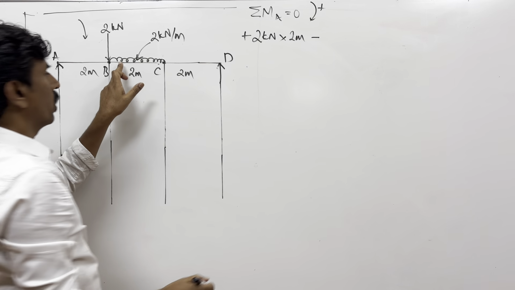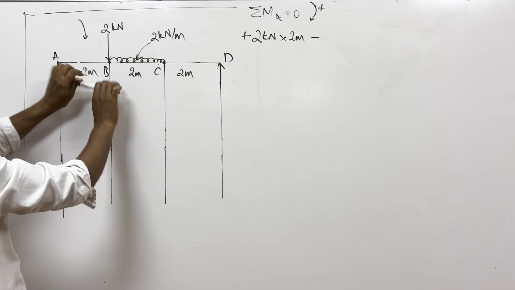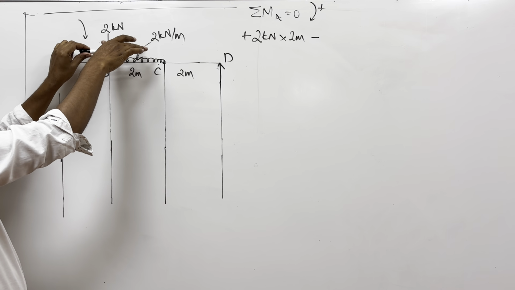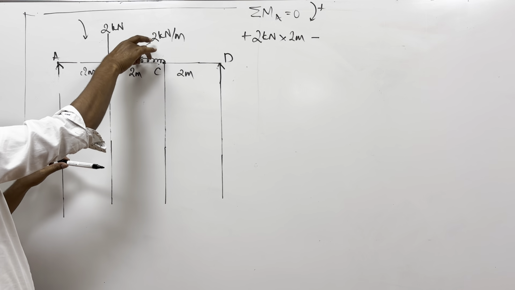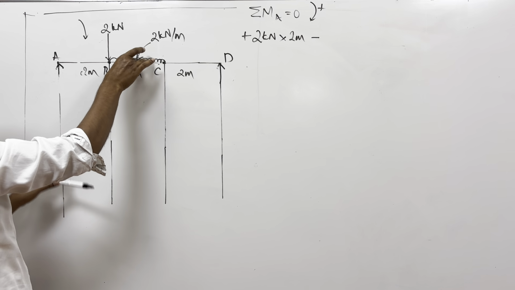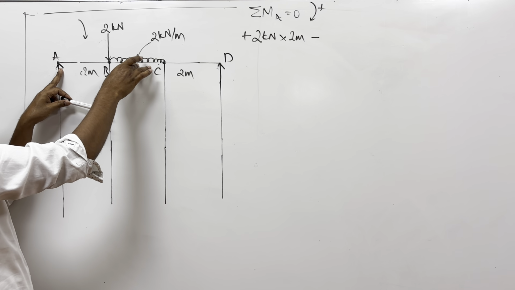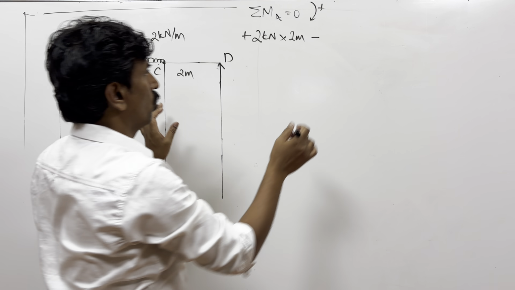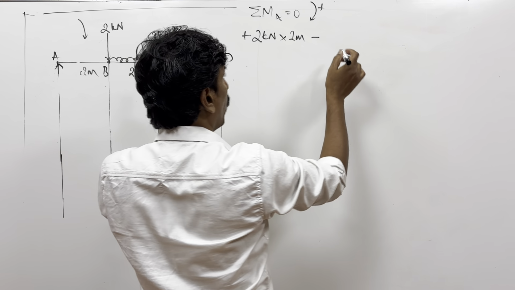And then what about this? Is the UDL plus or minus? It is plus. Okay, so this whole UDL can be assumed to act at the center of the UDL. The center is at how much distance from A? It is at a 3 meter distance. So this total UDL, for every meter it is 2 kilonewton.